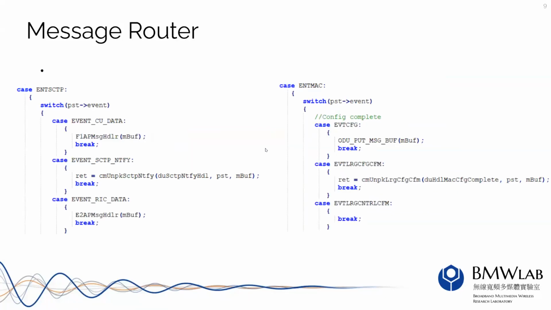And as you can see at the left-hand side, this message is related to SCTP, and it will be forwarded to the SCTP handler. And at the right-hand side, as we can see, this event or this message is related to MAC, so it will be forwarded to the MAC message handler as well.